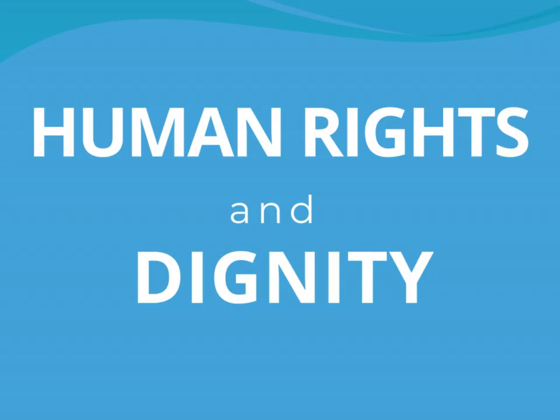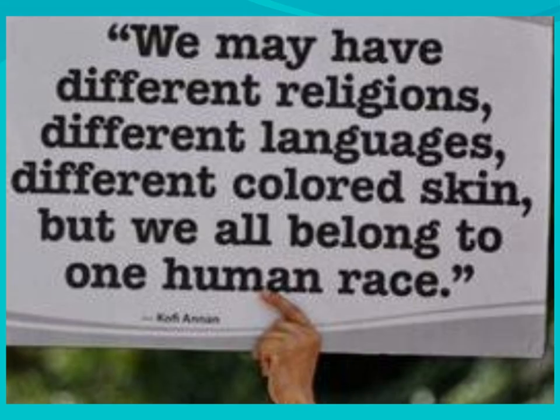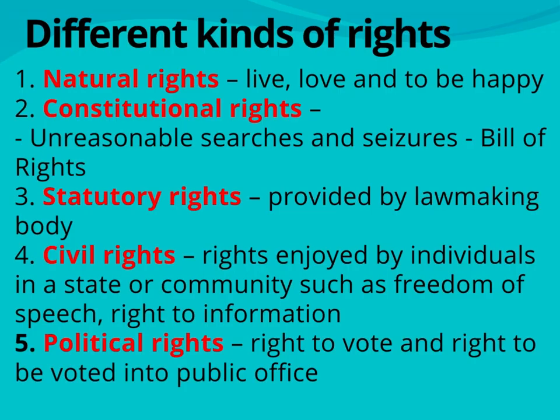Now, lastly, let's talk about human rights and dignity. Let me quote former UN Secretary General Kofi Annan. He said, "We may have different religions, different languages, different colored skin, but we all belong to one human race." There are different kinds of rights: natural rights, constitutional rights, statutory rights, civil rights, and political rights.